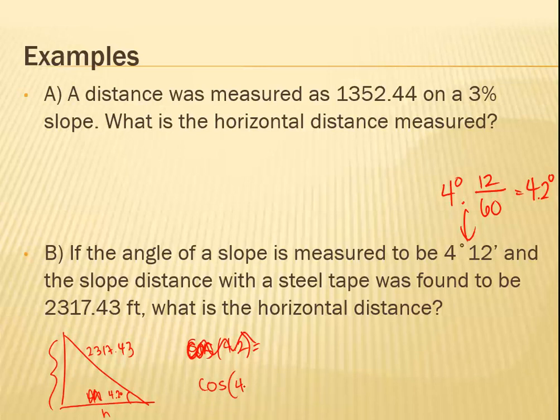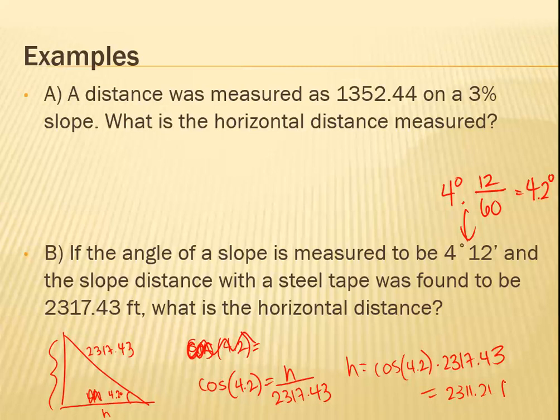Cosine of 4.2 is equal to my adjacent side over the 2317.43, and if I multiply this times that, h is equal to cosine of 4.2 times 2317.43. I get 2311.21 feet. And that's it.